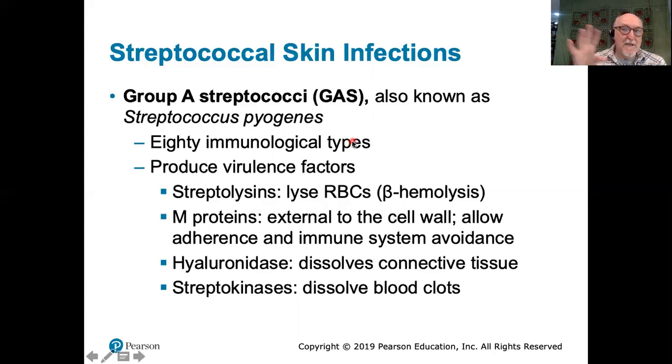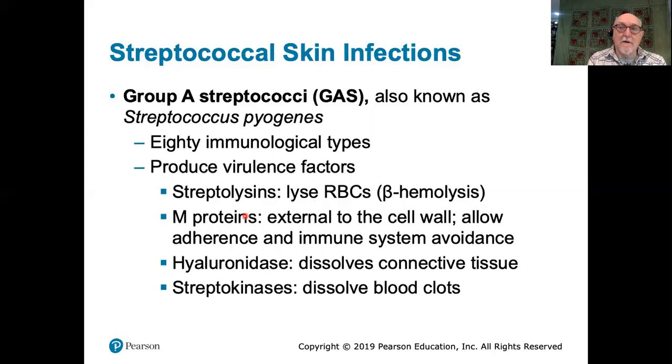They should probably be split up into separate species. Using serological, immunological tests, we recognize 80 or more members of this group. So it's very, very big, very varied. And they produce a variety of different virulence factors. First of all, those factors which produce that beta hemolysis are called the streptolysins, but it's a group of enzymes.